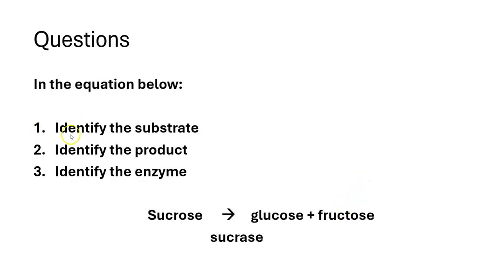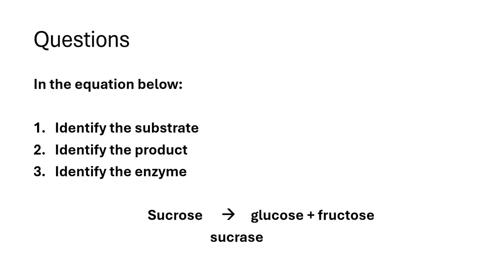So question 1 asks you, what is the substrate? Identify the substrate in this chemical reaction. Then to identify the product, what is being made. And last, identify the enzyme that is involved.